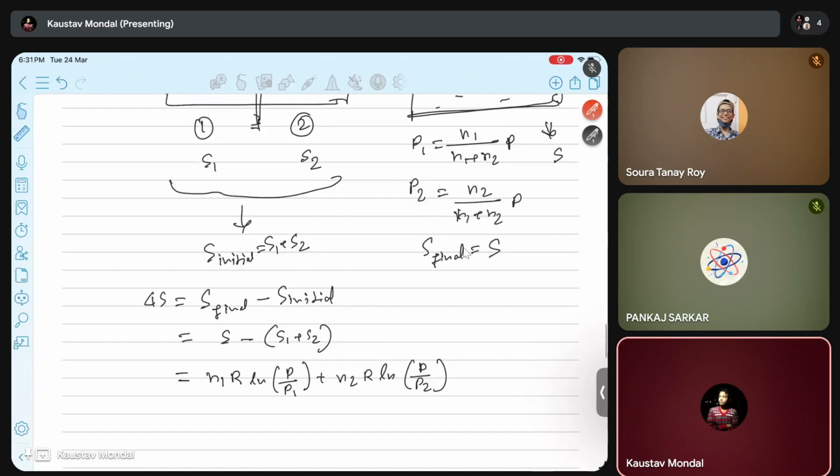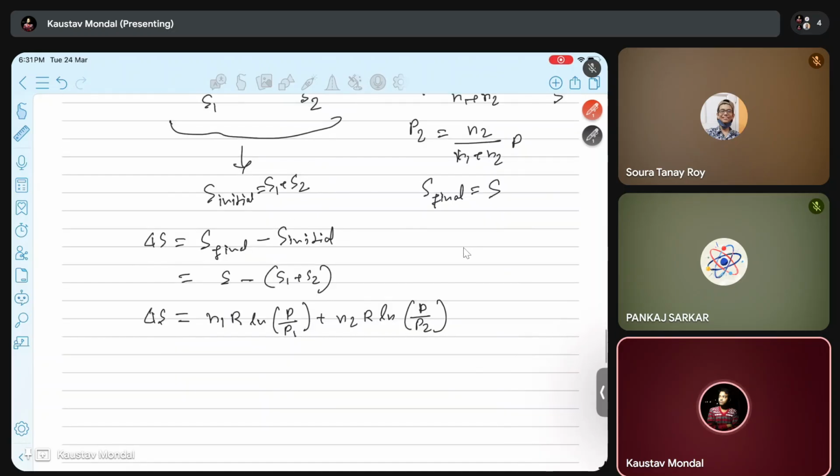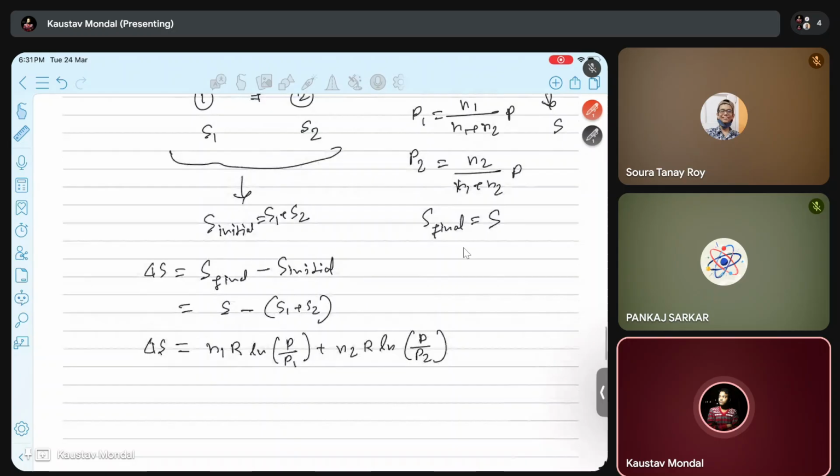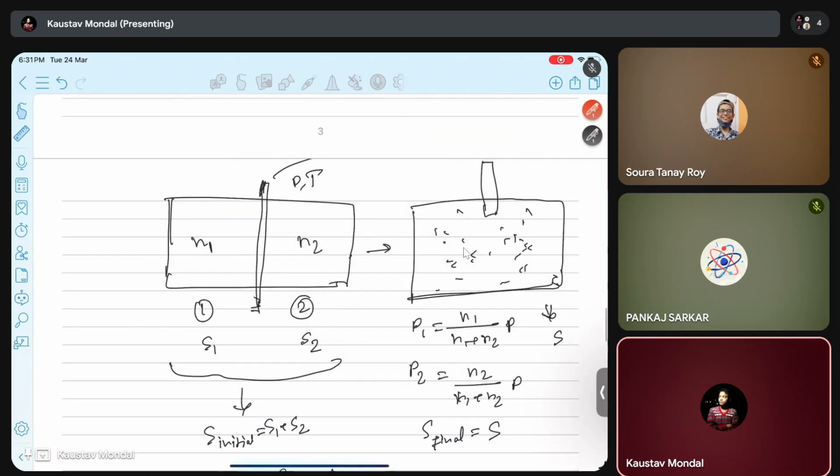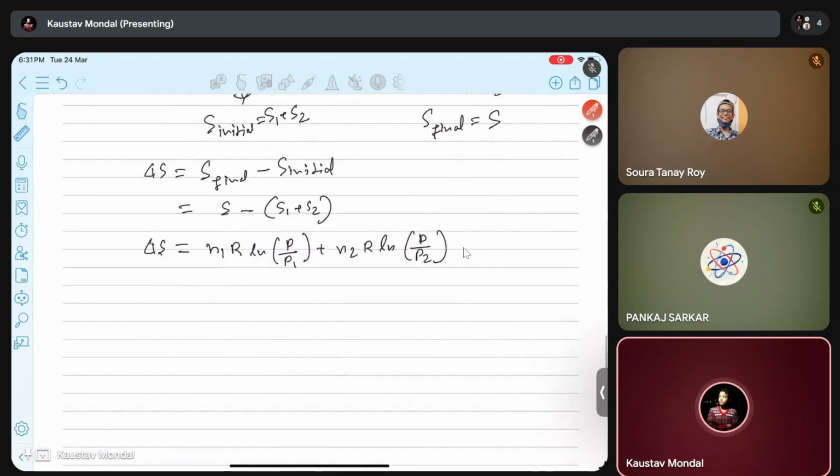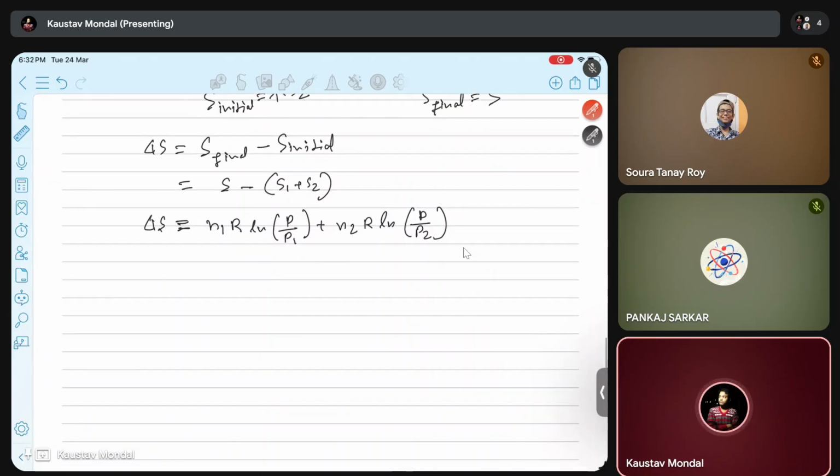You calculate the entropy for the final process and for the initial process, for the left hand side and the right hand side, and substitute it here.